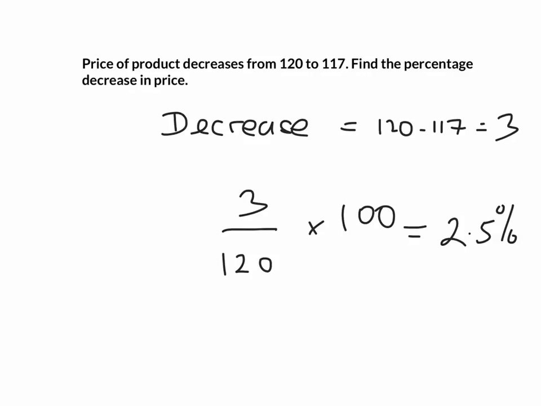So just to repeat again, the amount decreases from 120 to 117, so it's really the from amount that you put below. It's the decrease, 3, over the original amount, 120. You want to get the 3 as a percentage of 120, and you do that by making a fraction and multiplying by 100. You get an answer of 2.5%.